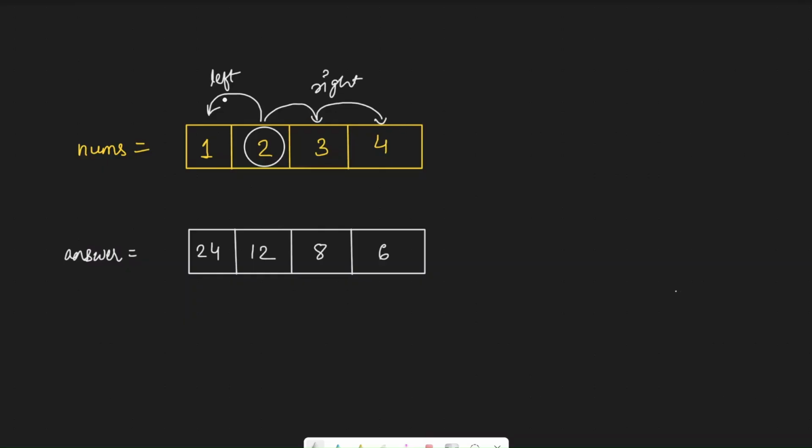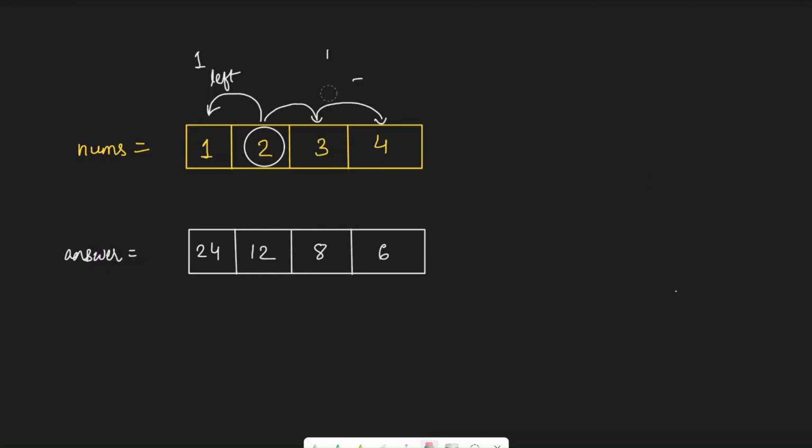What essentially we are doing is we can just multiply whatever numbers are there on the left of 2, which means we just have 1, and whatever numbers are there on the right of 2, which is 4 multiplied by 3, that is 12. We don't have to include this 2, so we don't have to worry about it. And then we just multiply this left by right. 1 multiplied by 12, and that's how we get 12.